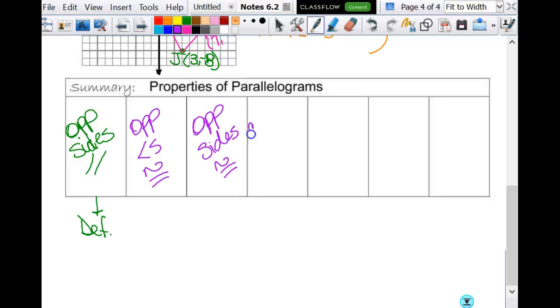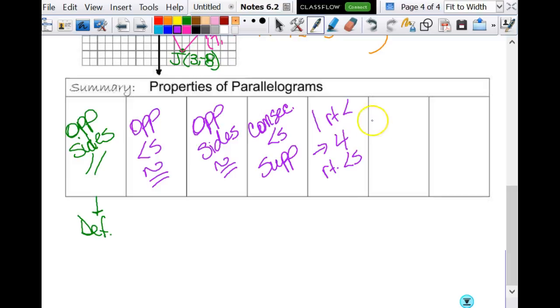Good, thank you. Consecutive angles are supplementary. Somebody else give me something else? Good. So, if one right angle, then 4 right angles. That's good enough. Good. What else? Okay, good. Diagonals bisect each other.